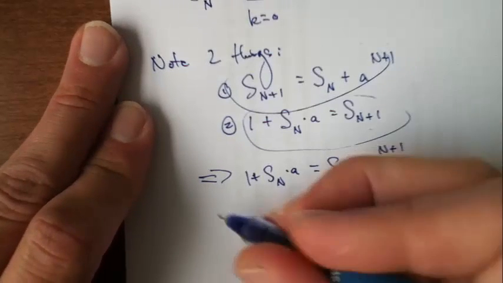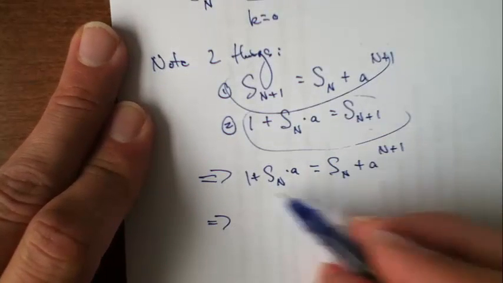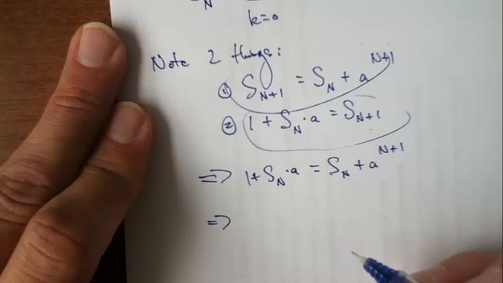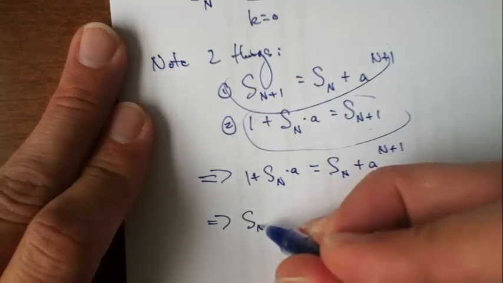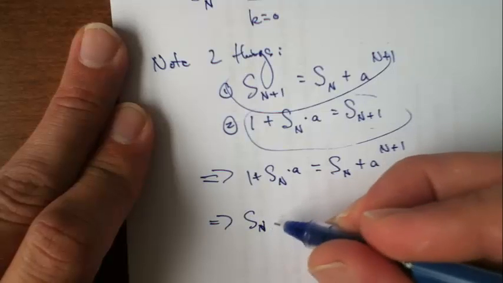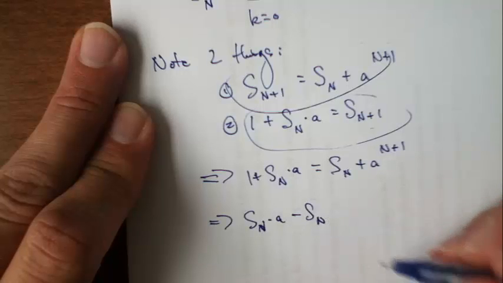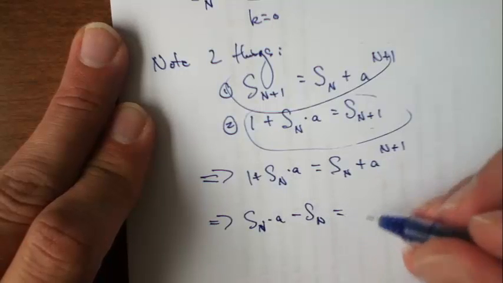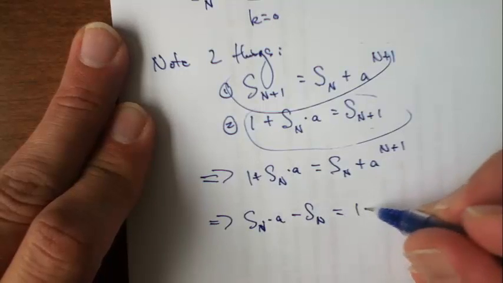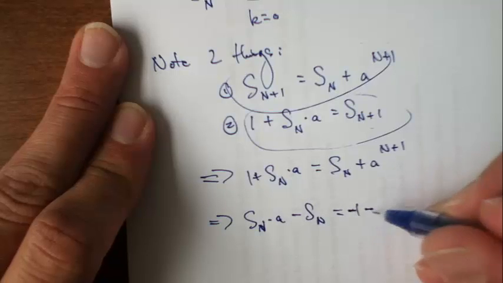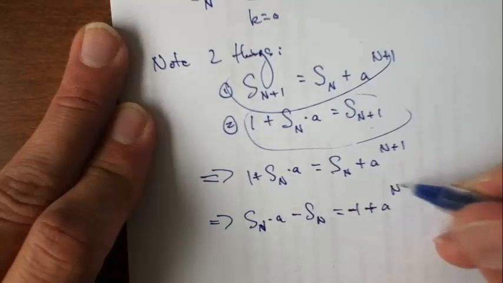Okay. But then this means, let me pull my S sub n stuff over to the left-hand side. I get S sub n times a minus S sub n equals negative 1 plus a to the n plus 1.